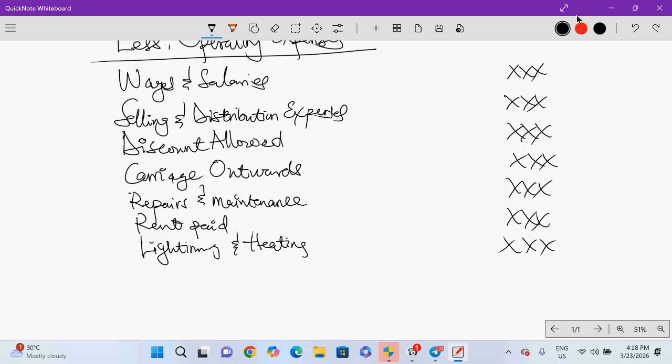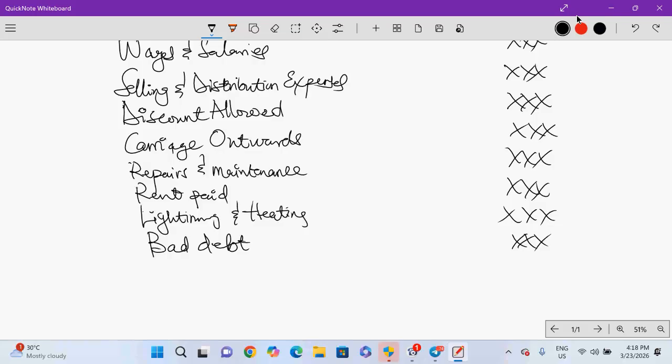What else? Office expenses, bad debt expenses, and insurance. Insurance.